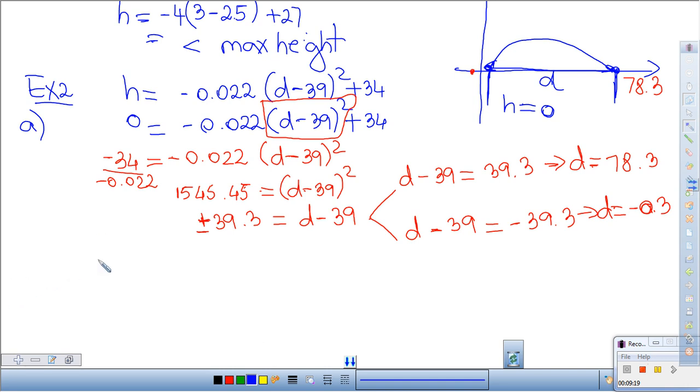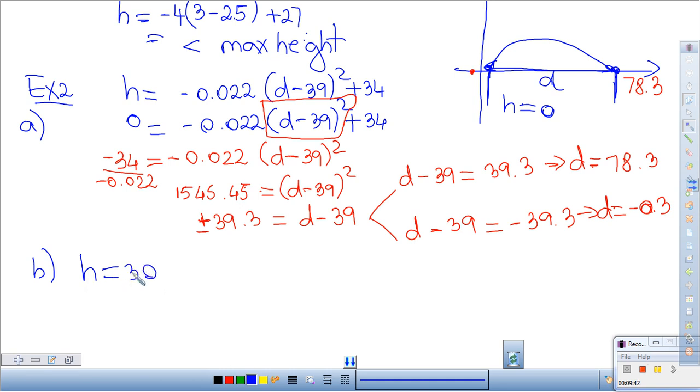For the second question, 4b, it's asking me what is the horizontal distance that is covered when the bridge has a height of at least 30 meters. So if the height is 30, what is the horizontal distance that the bridge covers?